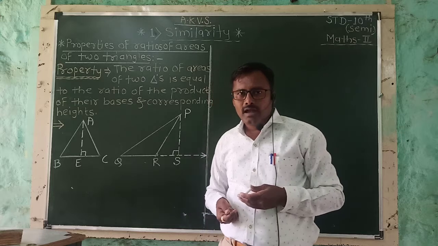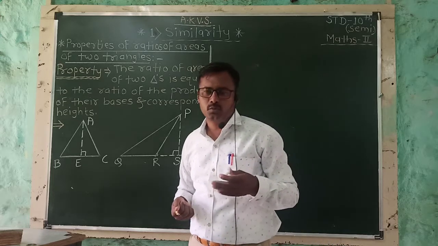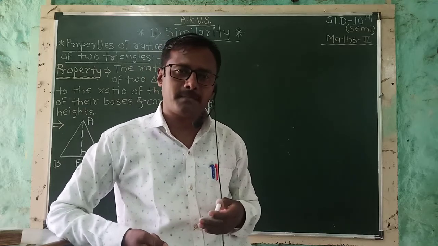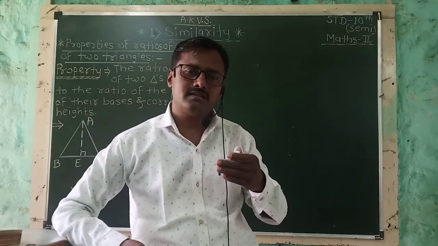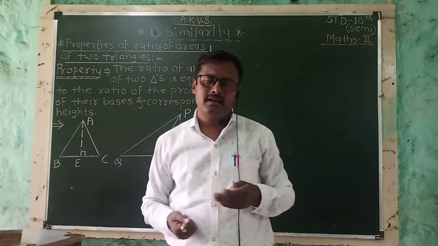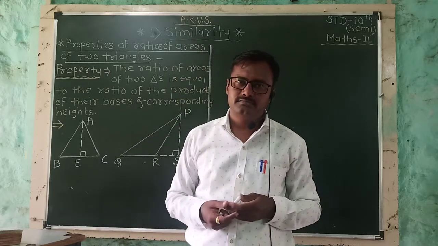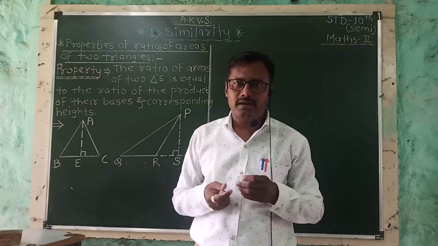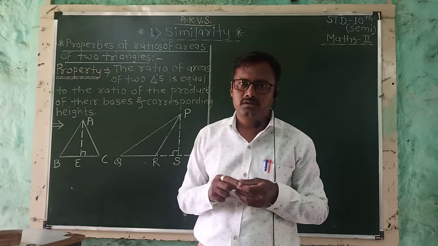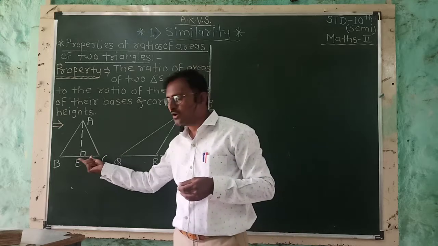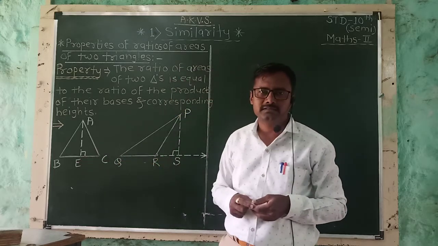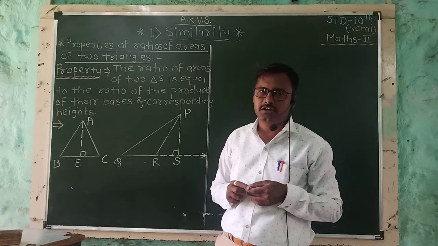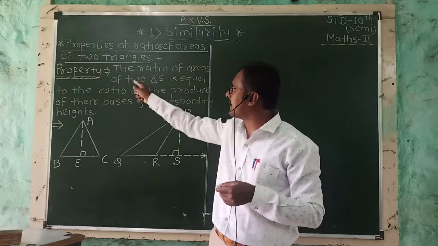As we are considering the ratio, students, we know the ratio means the first term divided by the other term. That means when you compare the areas of two triangles by the method of division, that is the ratio of areas of two triangles.